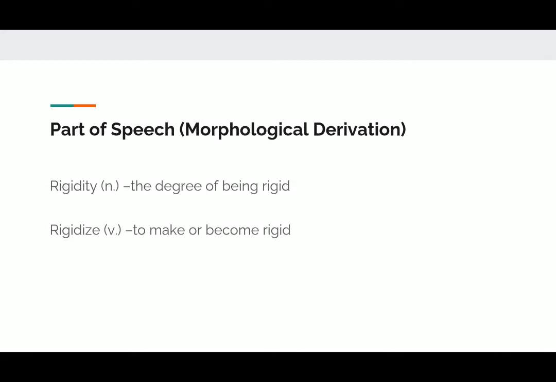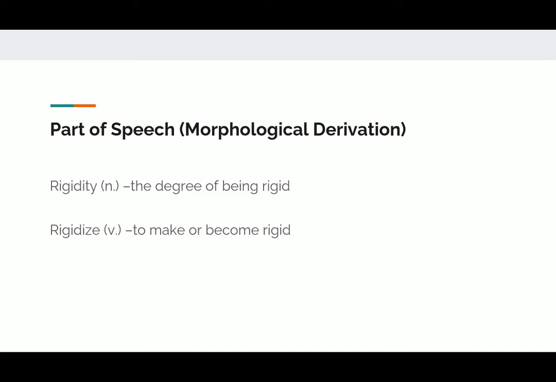So the morphological derivation of rigid is rigidity. The word rigidity is a noun. It means the degree of being rigid. So by saying you are evaluating its rigidity, you are actually evaluating the degree of this thing being very rigid.